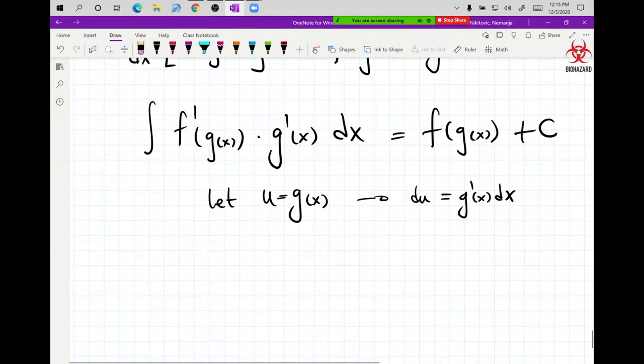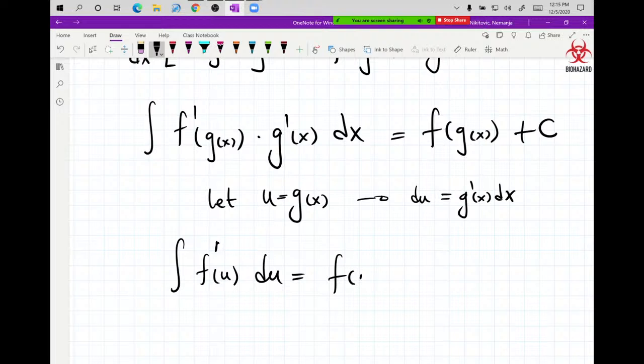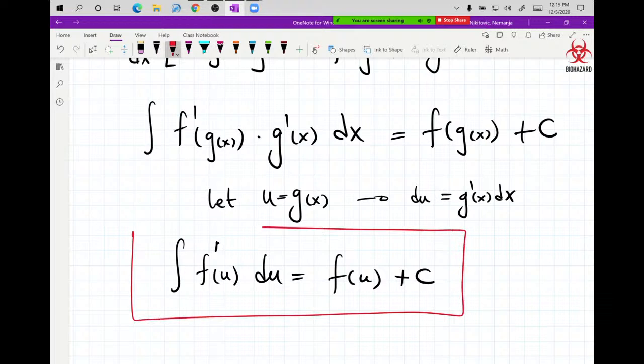And that creates the integral of f prime of u du, which is just equal to f of u plus c. It's not something that you really get to use in this form.